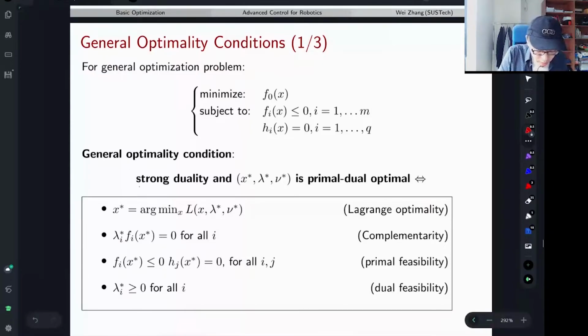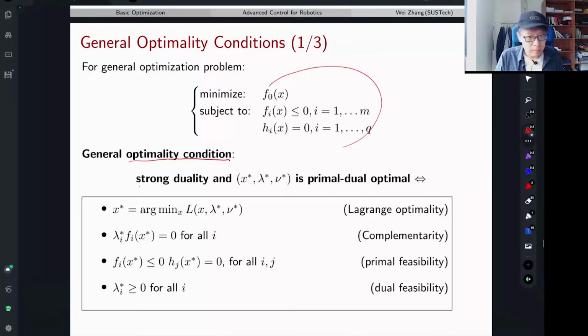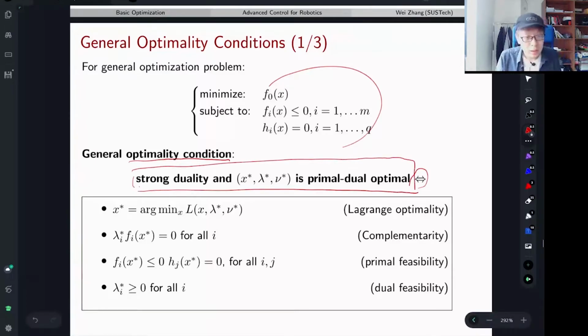Given this problem, we can define the Lagrangian. x star, lambda star, nu star is primal-dual optimal, meaning x star solves the primal optimization problem and lambda star, nu star solve the dual optimization problem, if and only if x star, lambda star, nu star satisfy these four conditions: Lagrangian optimality, complementarity, primal feasibility, and dual feasibility.